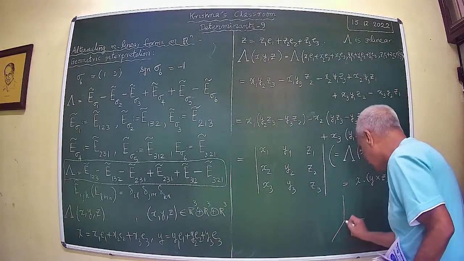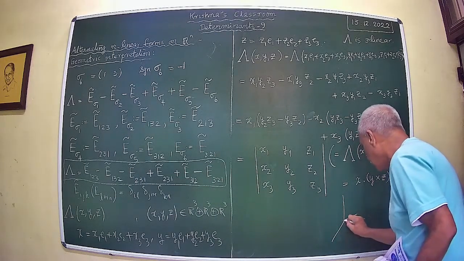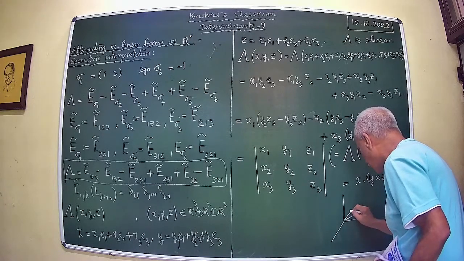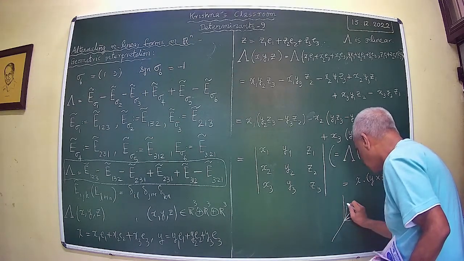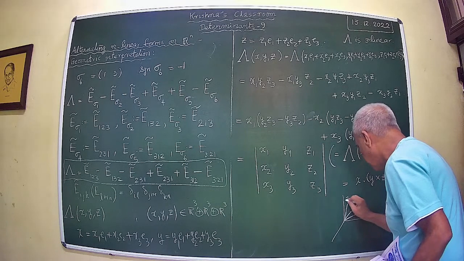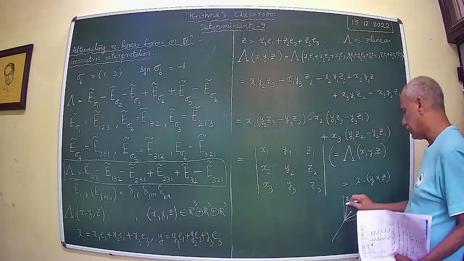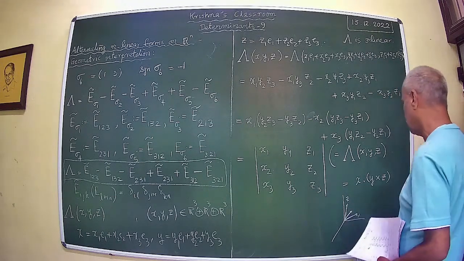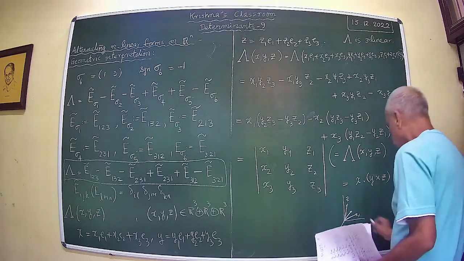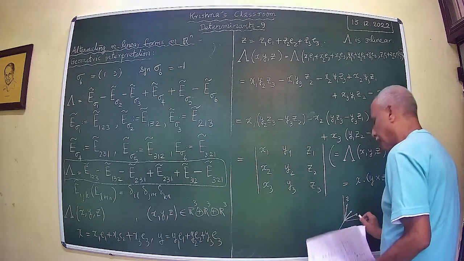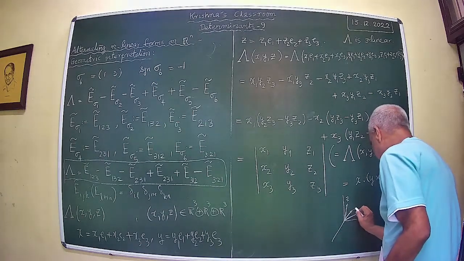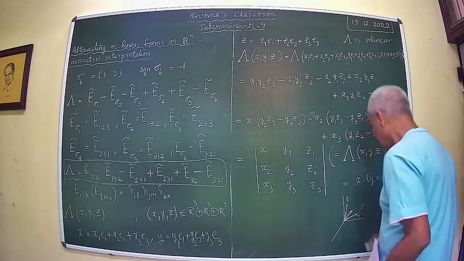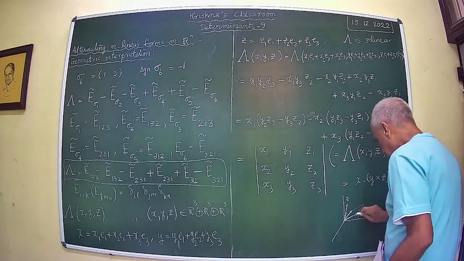If you take three vectors, one x, another y, another z, let us complete the parallelepiped.